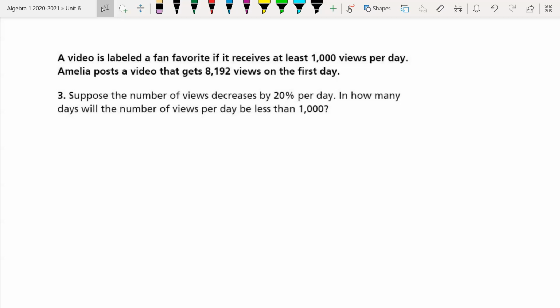So if I do this one, instead of 8 days, I'm going to start at 9 days and just see what that gives me. So my initial amount times my 1 minus, this is 0.2 instead of 0.25, I'm going to raise it to the 9th power. So we're going to try 9 days.